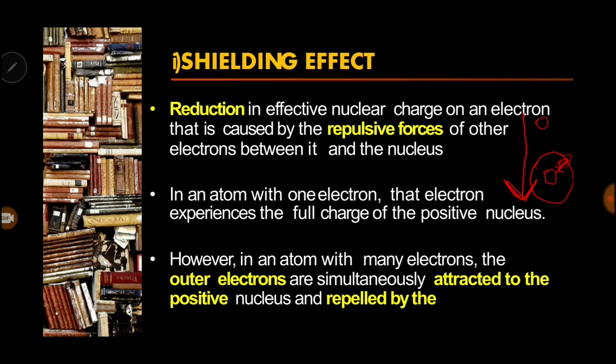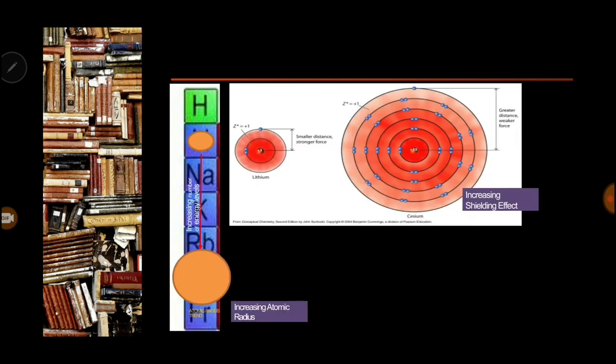In an atom with one electron, that electron experiences the full charge of the positive nucleus. However, in an atom with many electrons, the outer electrons are simultaneously attracted to the positive nucleus and repelled by the other electrons.